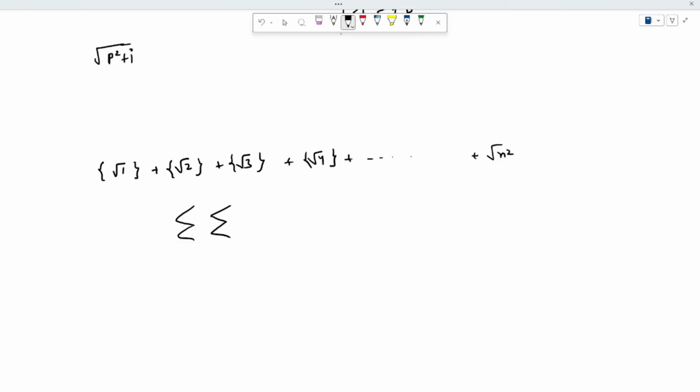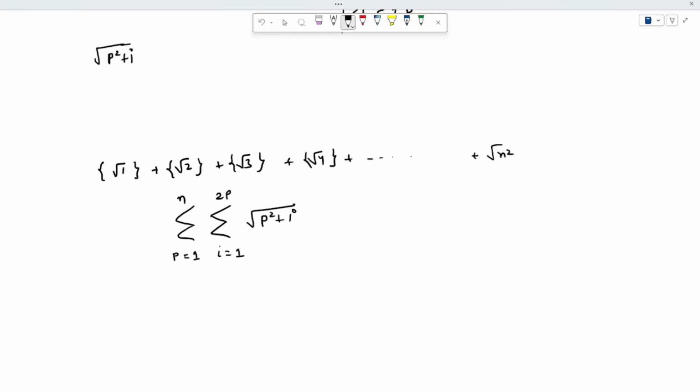I am taking the square root of p square plus i, where i varies from 1 to 2p, and p varies from 1 to n.